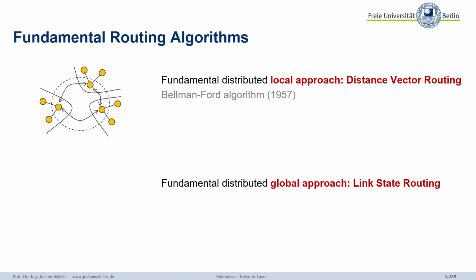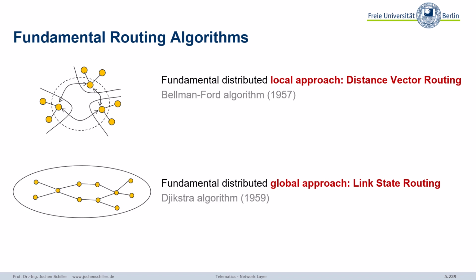Then we have a fundamental distributed global approach, link state routing, based on the Dijkstra algorithm from 59. Both are distributed. One operates on local information, one operates on global information. And this leads to different behavior when it comes to scalability and what we can do with it, and also the problems that come with it.